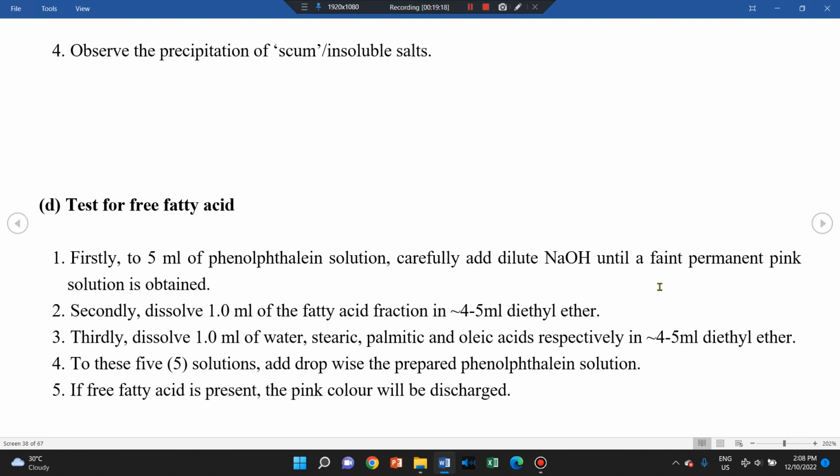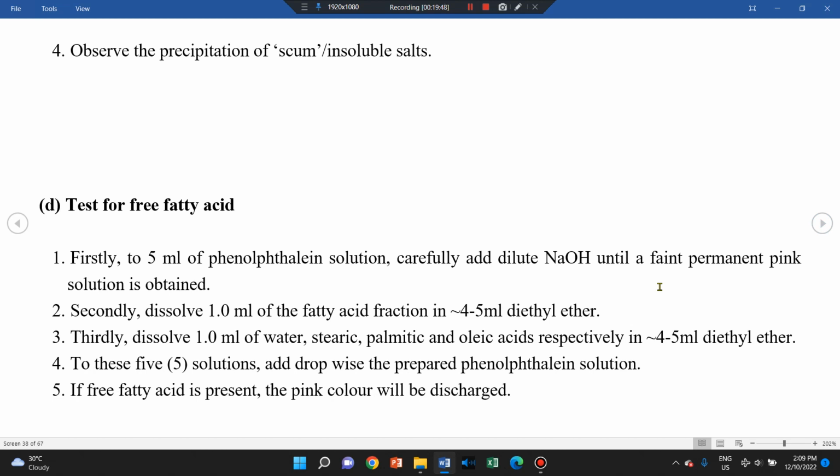In my experience, sometimes you can't observe it, but try your very best and see that the monovalent formation of soap will not have the scum or insoluble salt, but the divalent ion easily will form this scum or insoluble salt. Okay, so that's what you are expected to achieve.